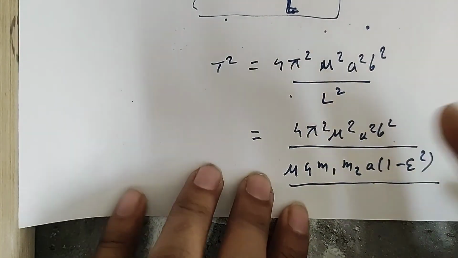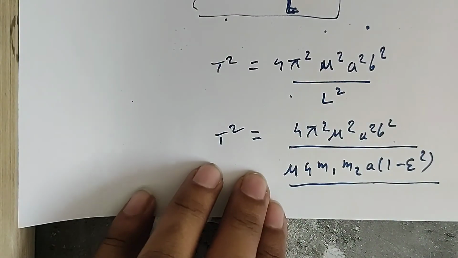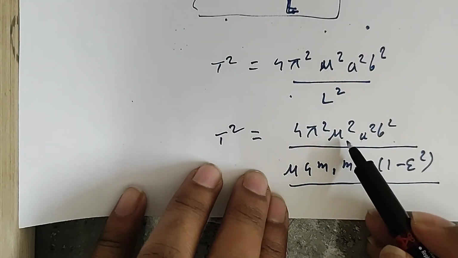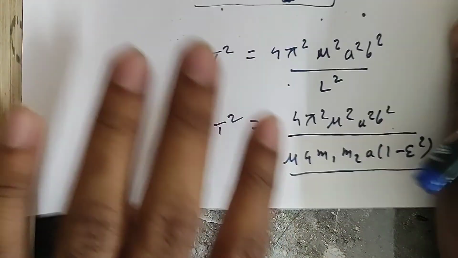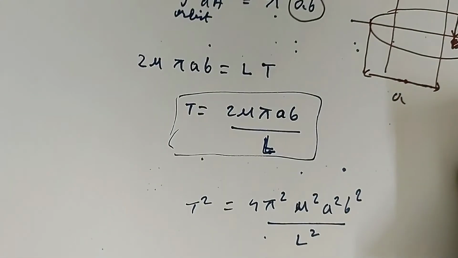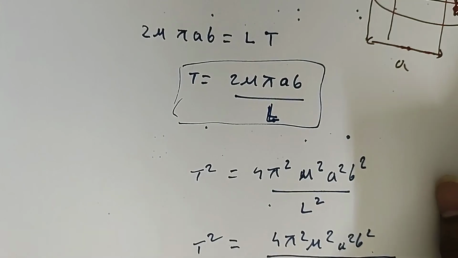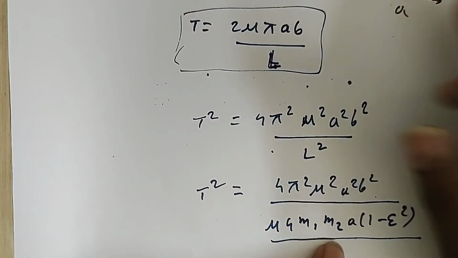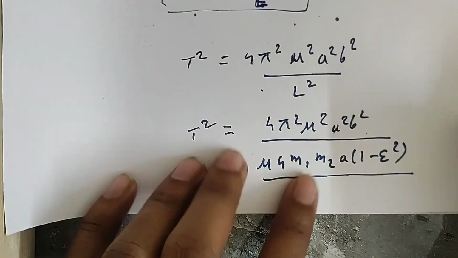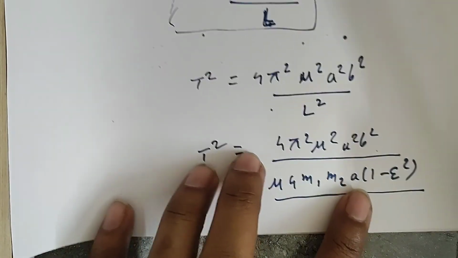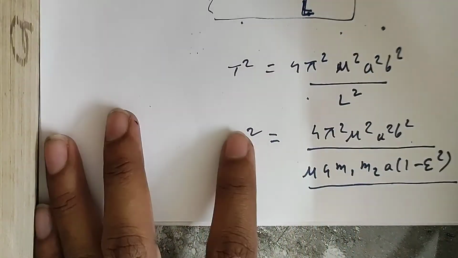So now I have everything: I have pi, I have mu, a and b can be determined graphically. Mu is another constant, G m1 m2, a can be determined, and my epsilon is again a geometric quantity, the eccentricity, which can be determined for the particular kind of ellipse.